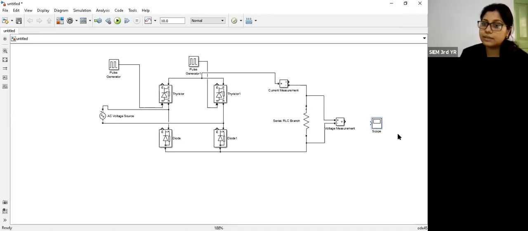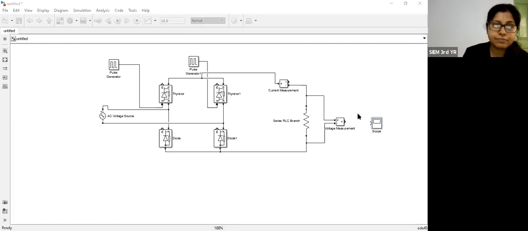In the scope terminal, you can see that only one input is there, but we want to check two parameters, that is voltage and current. So if you double click on the scope, you can see that there is a setting option. In that setting option, you can change the number of axes.